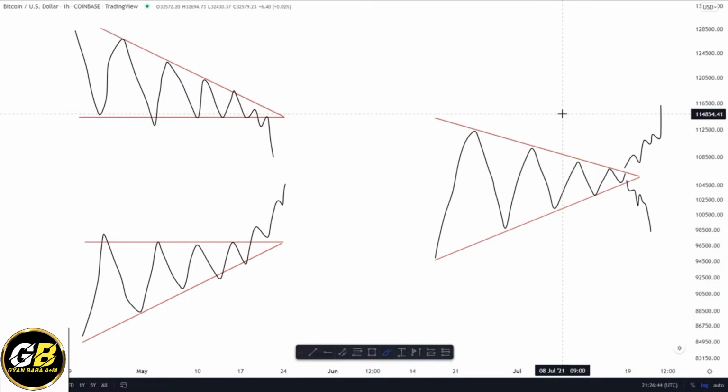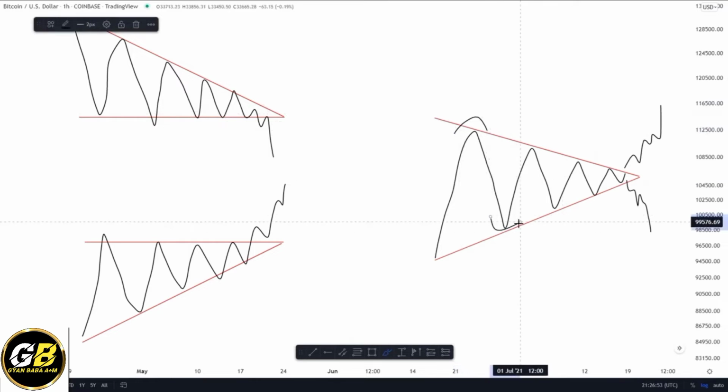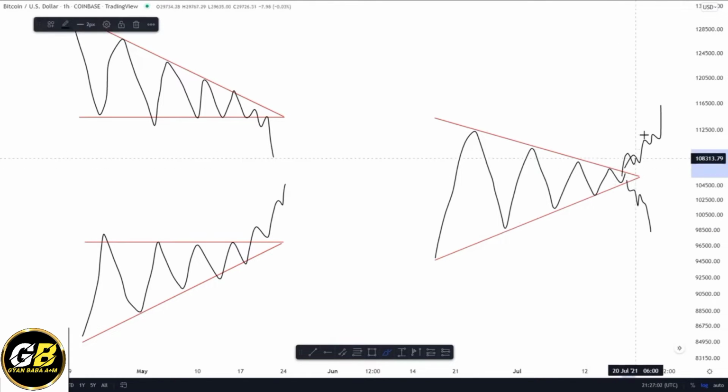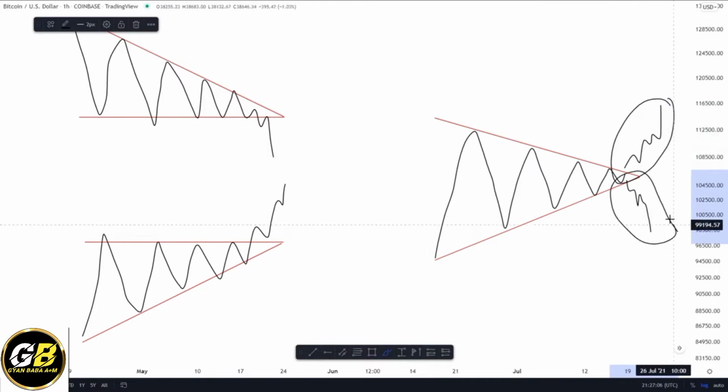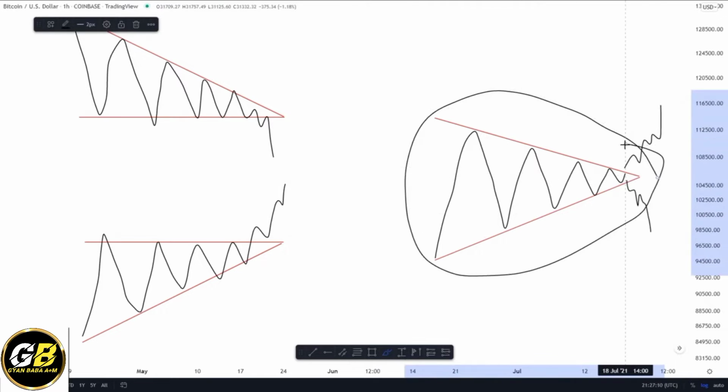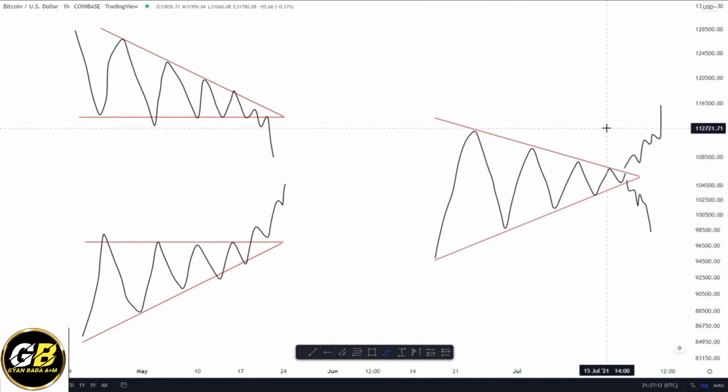If you refer back to that market structure video, you'll know that this is a consolidation market structure, right? We're creating lower highs and higher lows, simply implying that whichever way this breaks is going to determine the new trend, right? So the way that we think of this triangle is it's just 50-50, right?